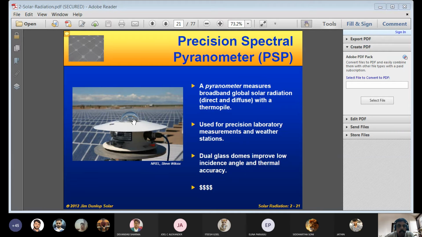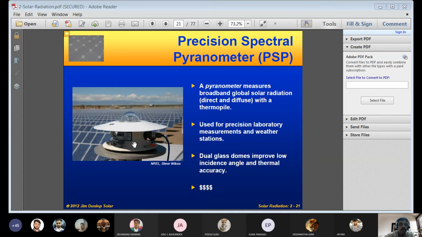The exposed junction gets heated up. So we are producing two temperatures at respective junctions of a thermocouple. So there will obviously be a potential difference, an electric potential generated, that we can calibrate to give a measure of solar radiation, right?